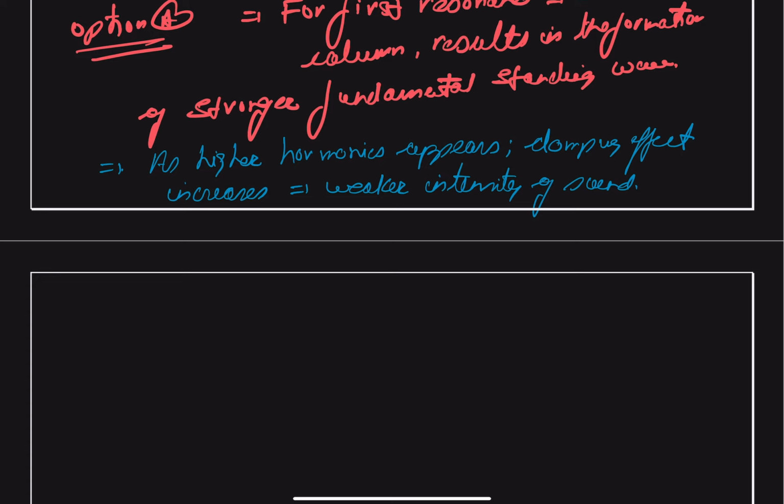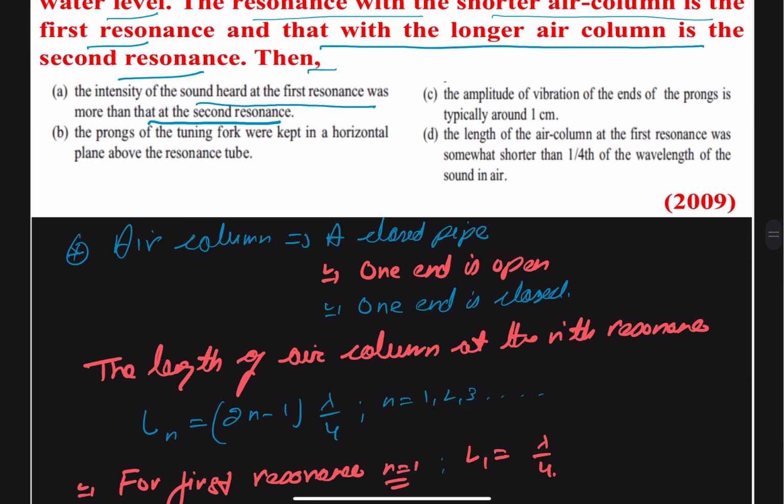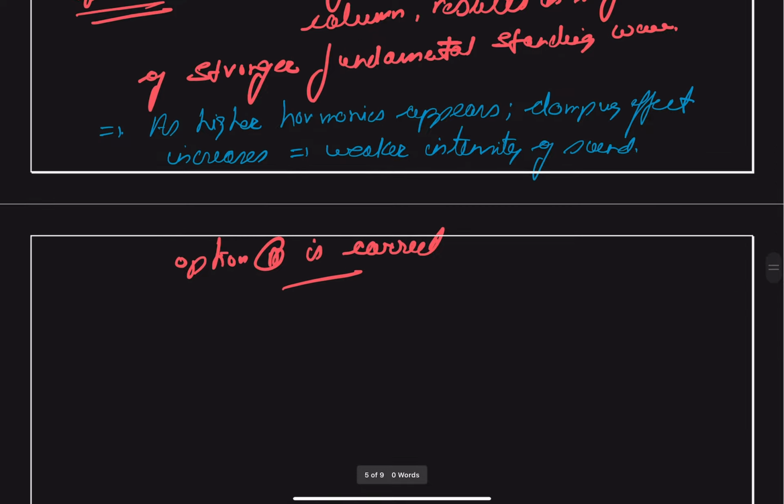So option A is correct. It says that the first resonance has more intensity compared to the second resonance.